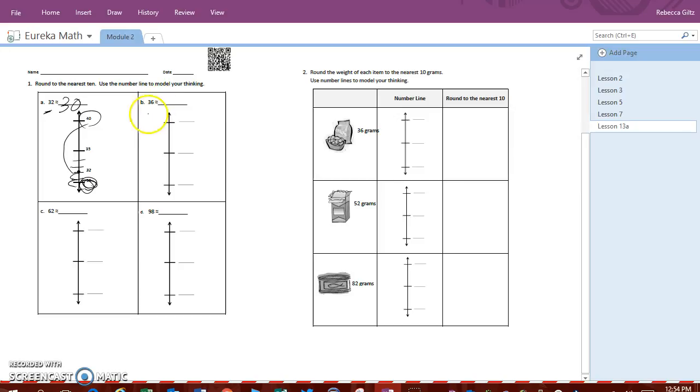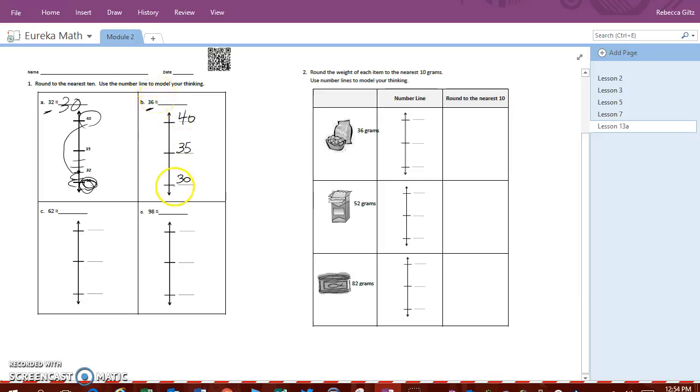Okay, so look at letter B. We're looking at 36. So the number in the tens place is a 3. That tells me that 3 tens is going to be my starting point on my number line. What's 1 ten more than 30? 40. So that's going to be the top point, similar to the one next to it. What's halfway in between 30 and 40? 35. Now, we need to figure out where 36 is.